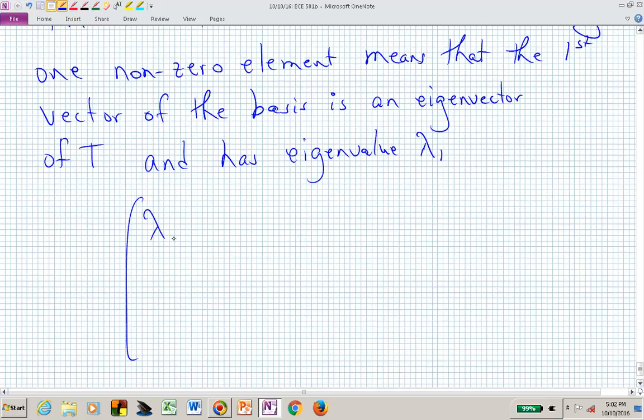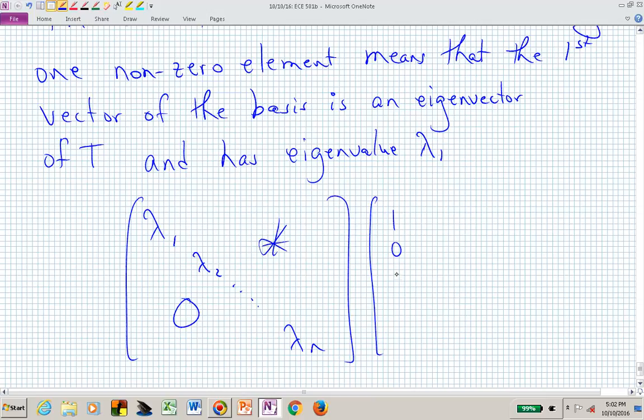Meaning now we have this lambda 1, lambda 2, lambda sub n. We have zeros below, arbitrary up above the diagonal, and now we have 1, 0, 0, 0, and that's now lambda 1, 1, 0, 0.